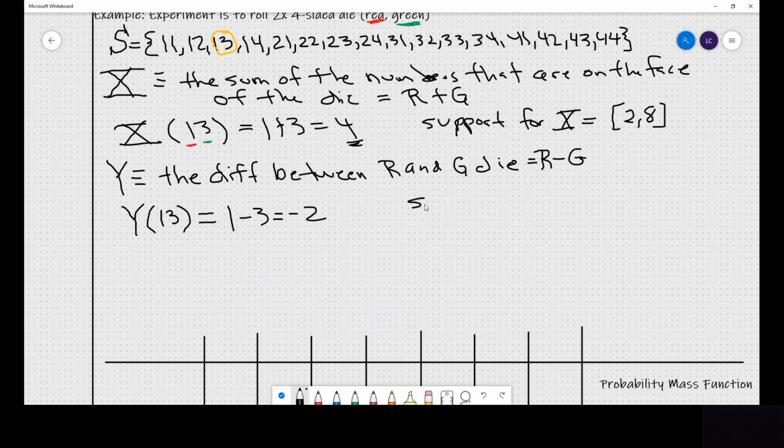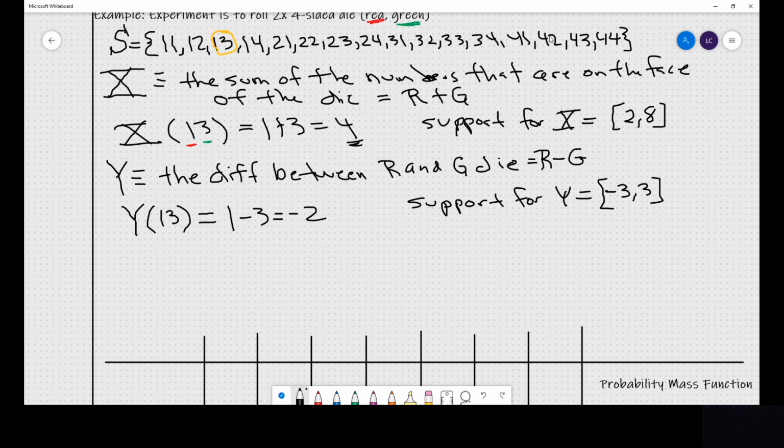Support for Y is, let's see, a 1 and a 4 would be a negative 3. I think that's the smallest one. Let's see, 2 and a 4, yeah, and then 4 and a 1 probably. So it's negative 3 to 3, inclusive. That's what I think it is.